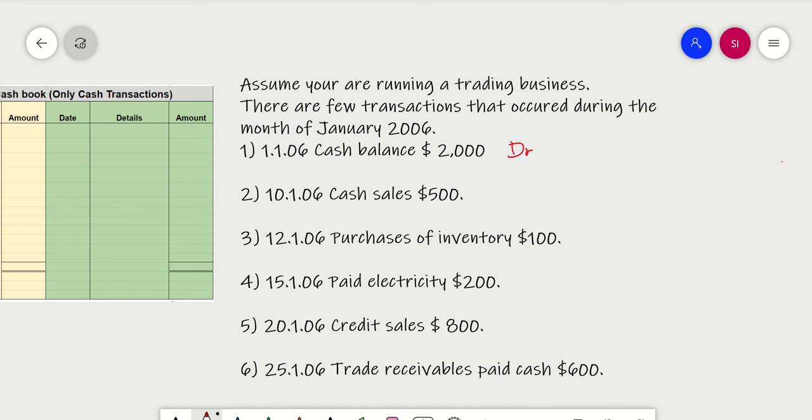Moving to the next, cash sales. So what comes in? So here we draw a diagram for all of them for what comes in and what goes out. So marking these as credit and the red ones as debit.